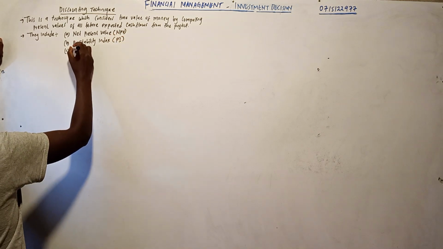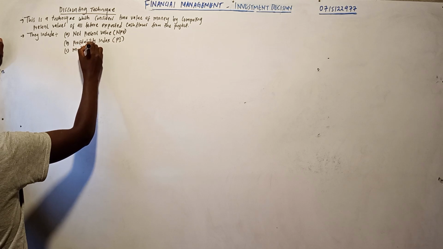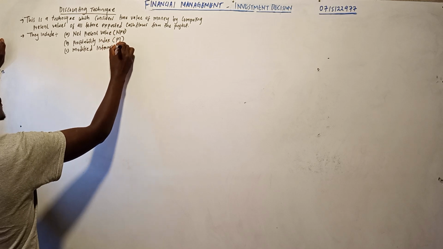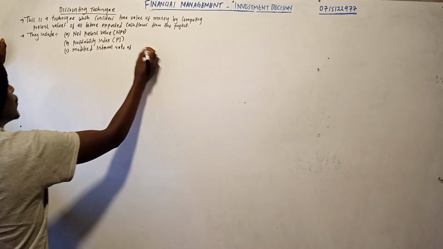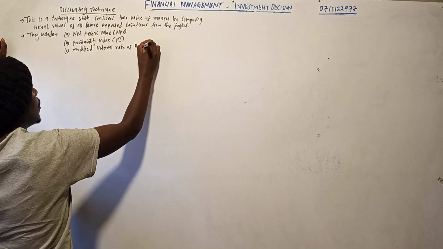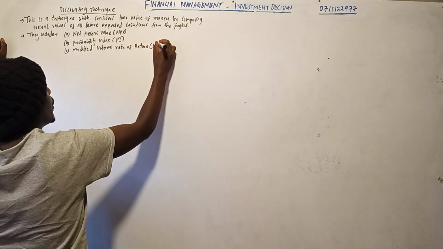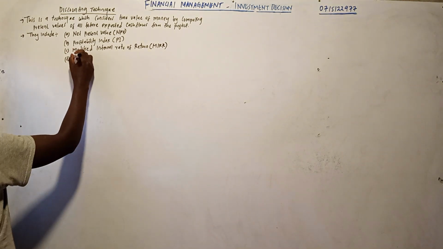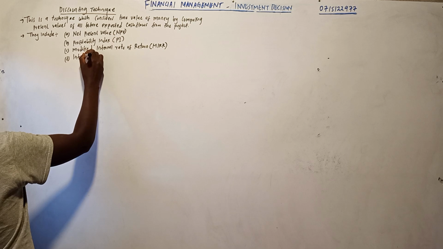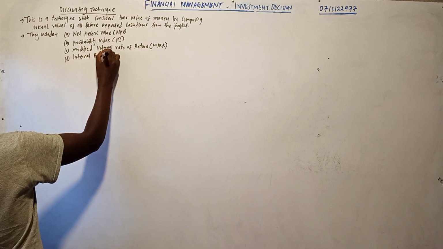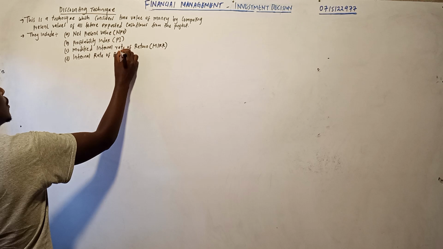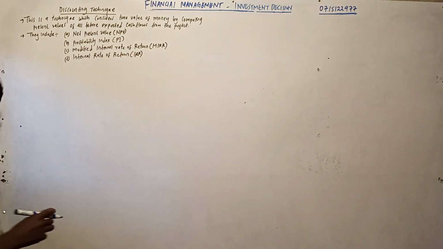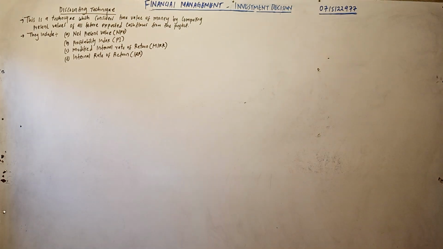C, modified internal rate of return, MIRR. And then D, internal rate of return, IRR. So those are the 1, 2, 3, 4.